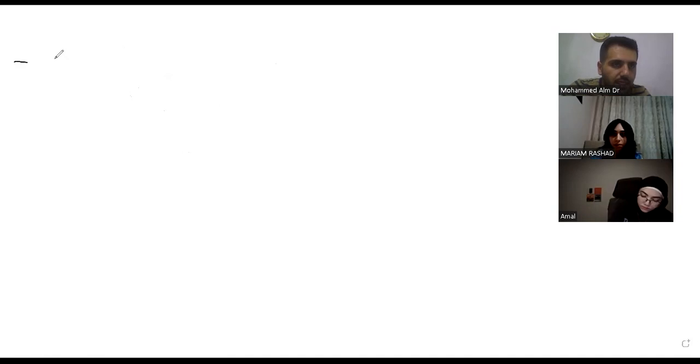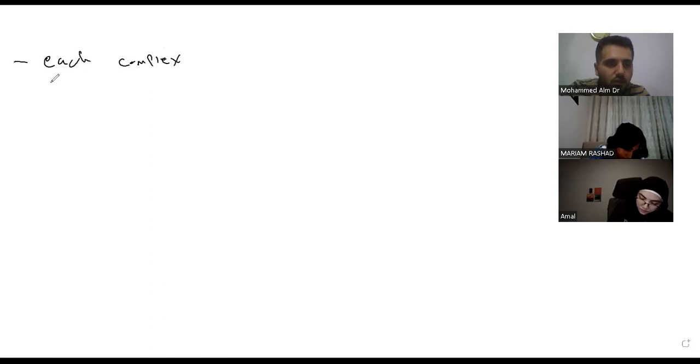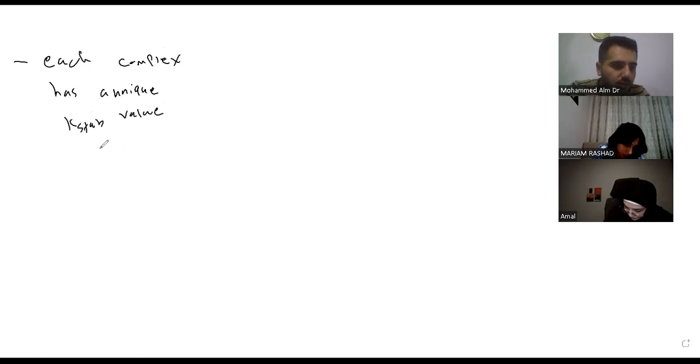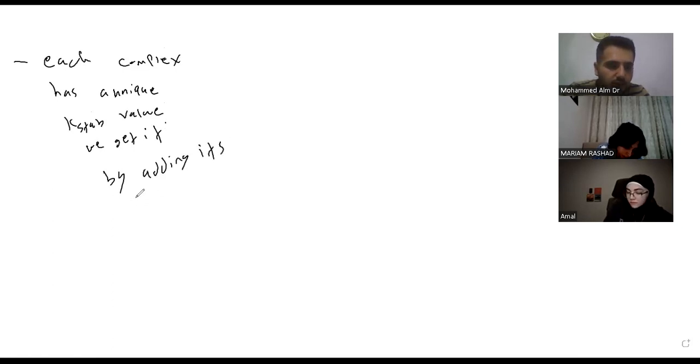And now another note, guys. Each complex has a unique Kstab value. We get it by adding its ligands to water.